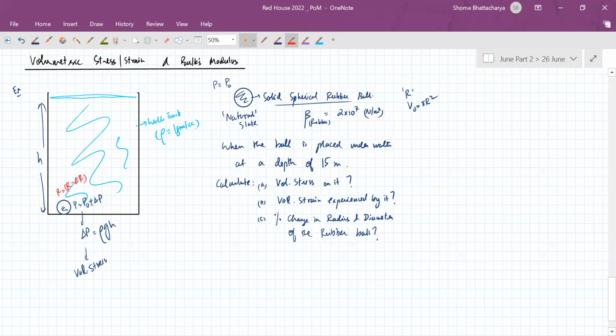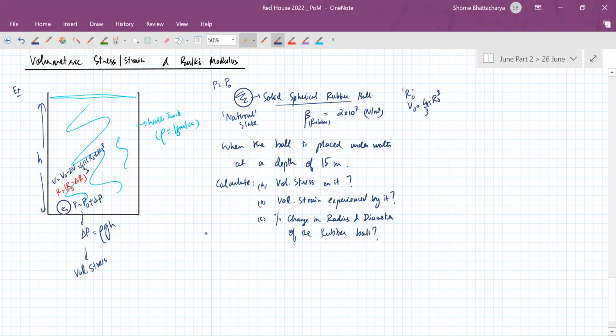Let's say R naught minus delta R. So the volume also would have decreased. Four by three pi R cube, like this.